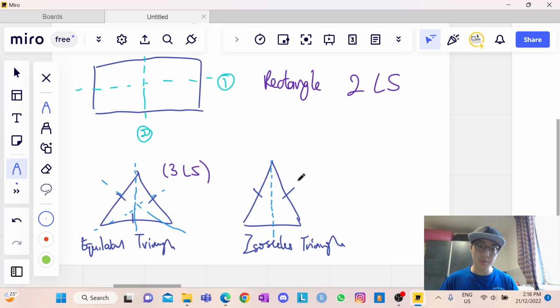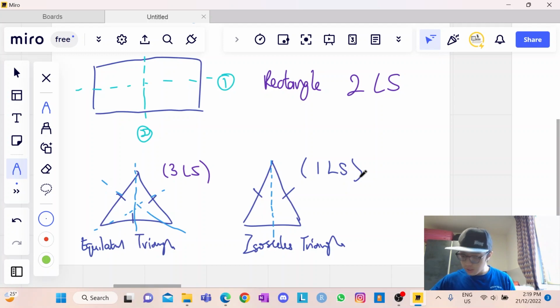So when you cut through the middle, it will not produce the same area. If you have an isosceles shaped paper, you can try to fold it, and you will not get the same size. So this gives a conclusion that an isosceles triangle has only one line of symmetry.